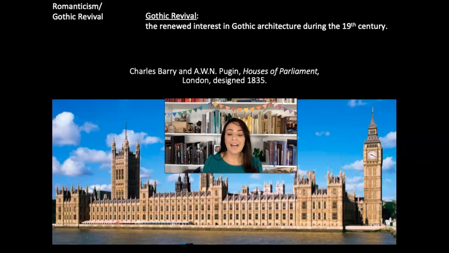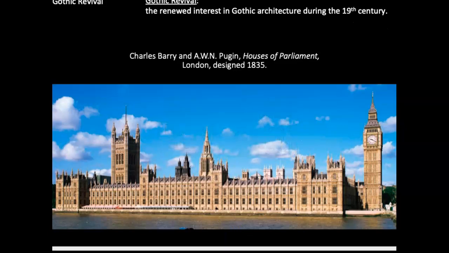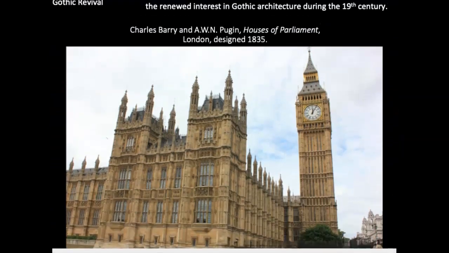So Gothic Revival is people of the 19th century looking back at that and then using some of those architectural elements in the buildings that they're creating now. Gothic Revival is everywhere. We see it all the time, but I'm introducing it to you with the Houses of Parliament.